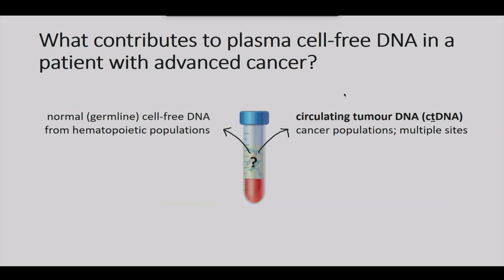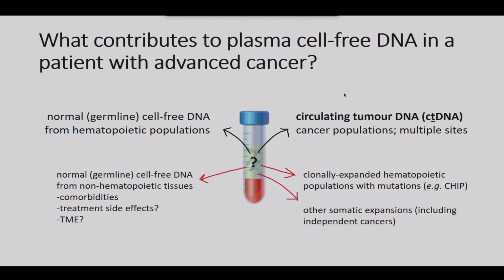So the other thing that's important to bear in mind before I go forward with some of the utility is that this is conventionally what people think is present in cell-free DNA in an advanced cancer patient, where you've got your normal populations from dying white blood cells and you've got your cancer populations from multiple sites. But in fact, there are other things in there too. You've got normal cell-free DNA from non-hematopoietic tissues, potentially linked to comorbidities of the patient, from treatment side effects, from the tumor microenvironment.